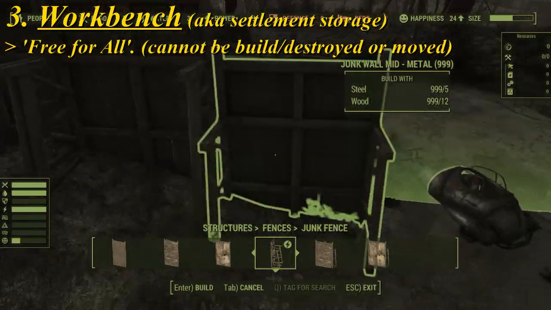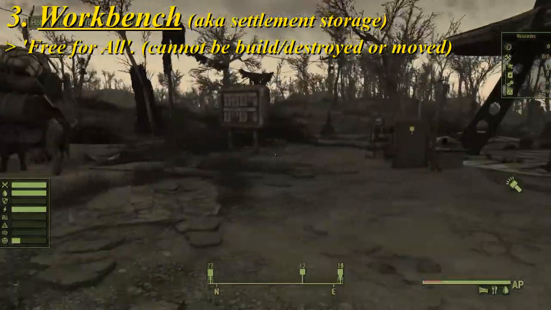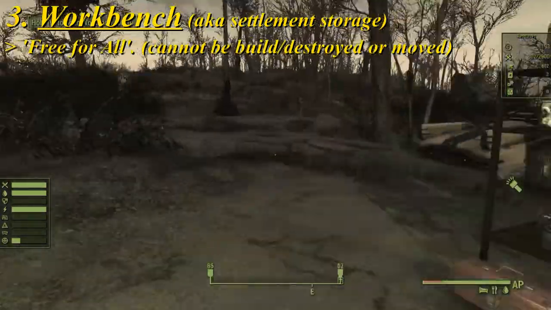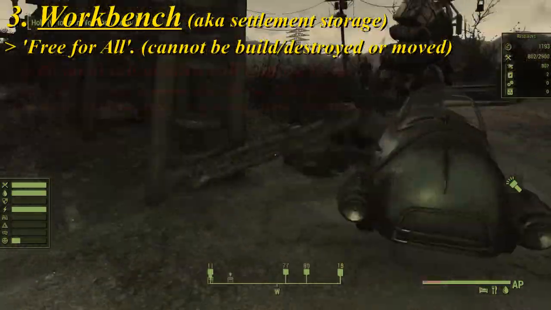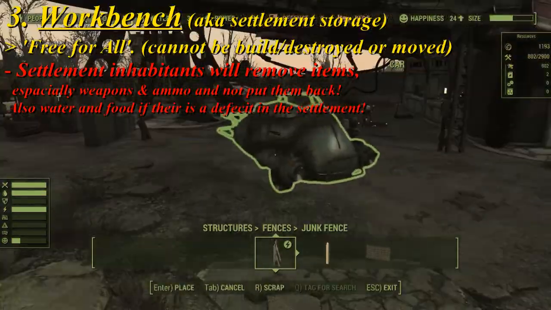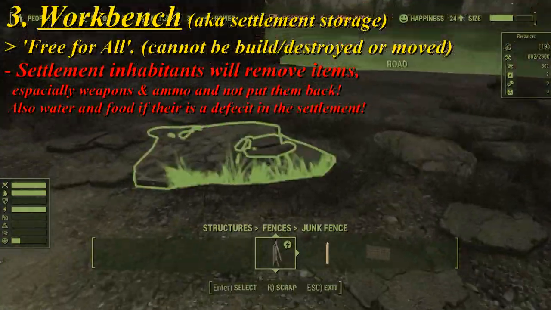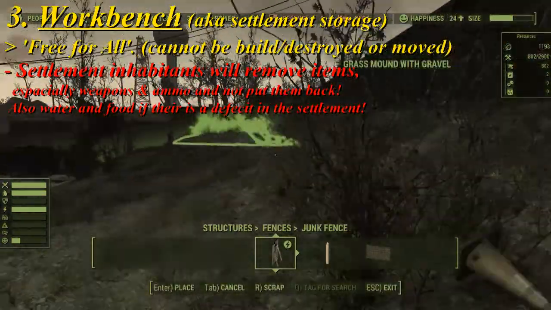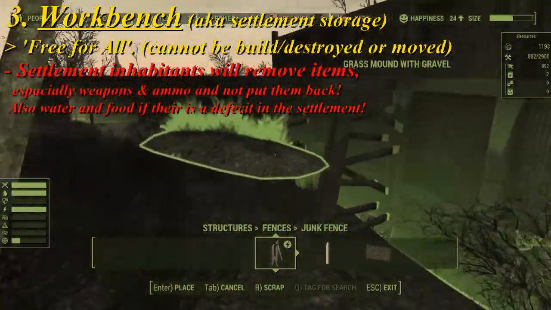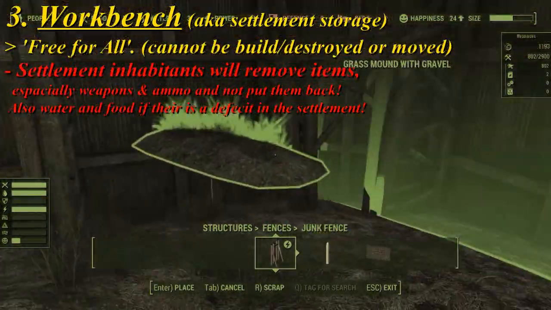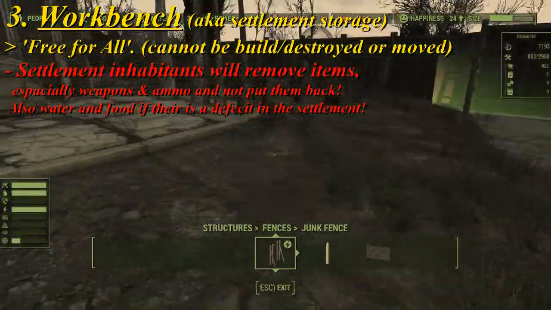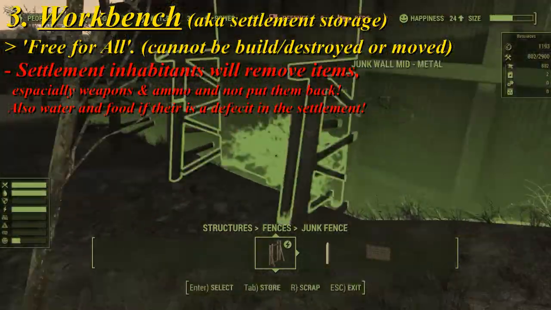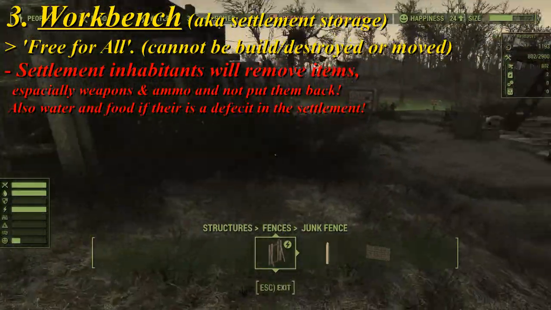The first problem is they do not work on the concept of what you put in is what you take out. It's a free-for-all concept. As I discussed before, the NPCs or inhabitants of your settlements, be it an NPC or a defunct companion, will occasionally reach into your workbench and take weapons and ammo, and I believe sometimes even armor. I'm not 100% sure.